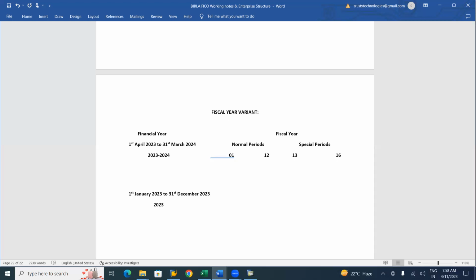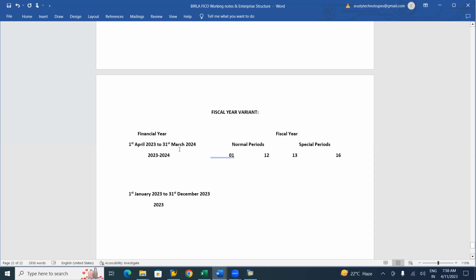So what is the difference? What is the usage of the special periods? For example, we will do our year's transactions from the first month to the 12th month, 1st April to 31st March.